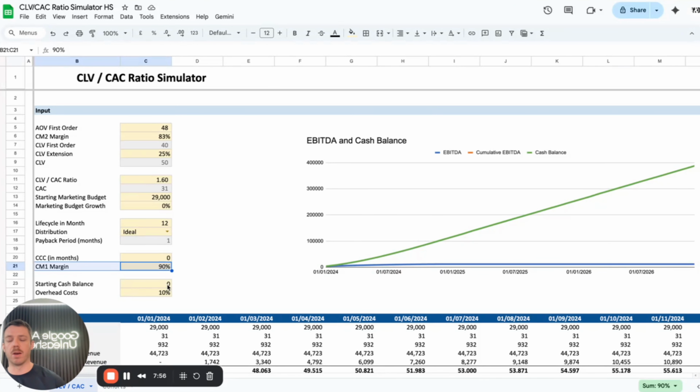Then you need to be aware of a figure called your CM2 margin. Your CM2 is the revenue minus cost of goods sold minus all of the direct costs that come with delivering the product: shipping, packaging, transaction fees, and all of the stuff that happens before you get an amount left over for marketing and overheads, before your fixed costs.